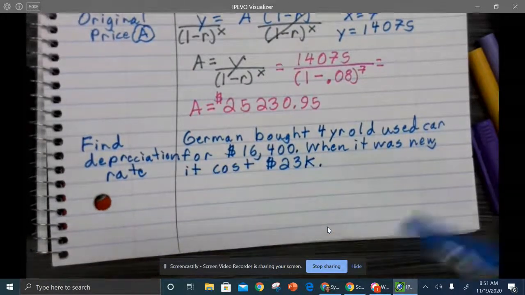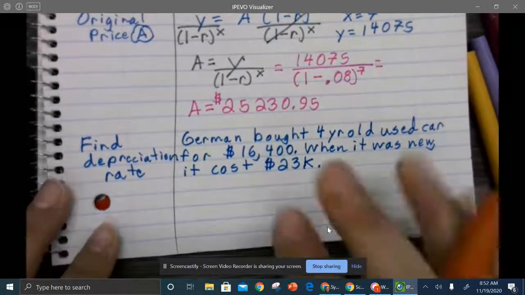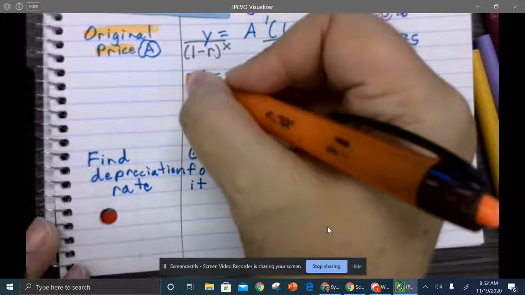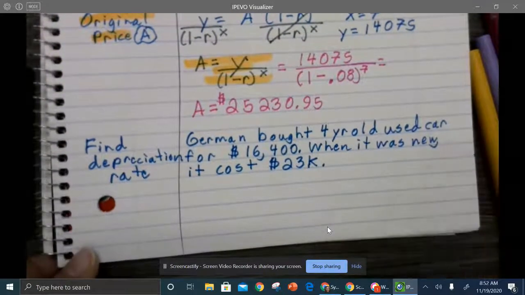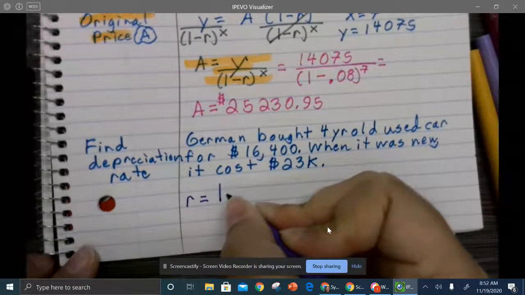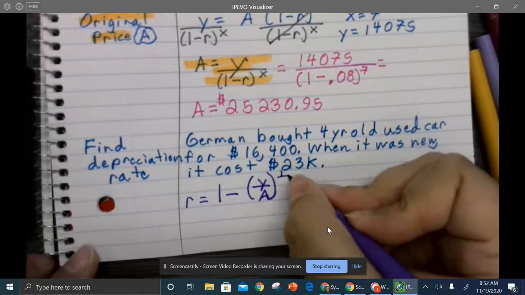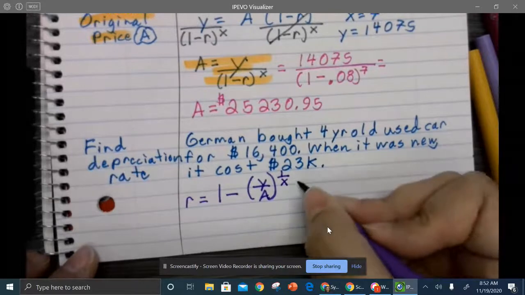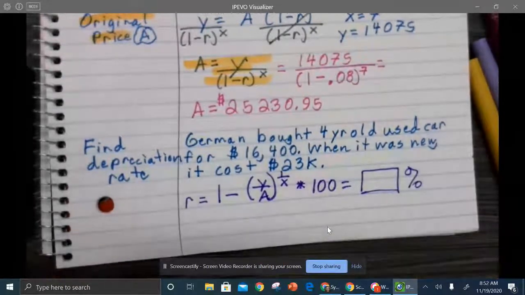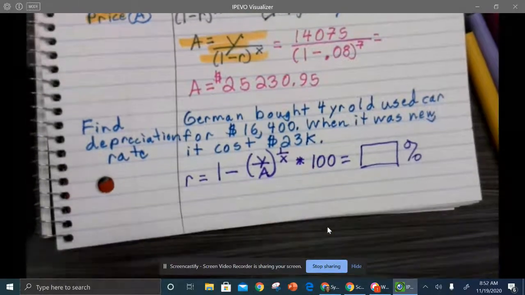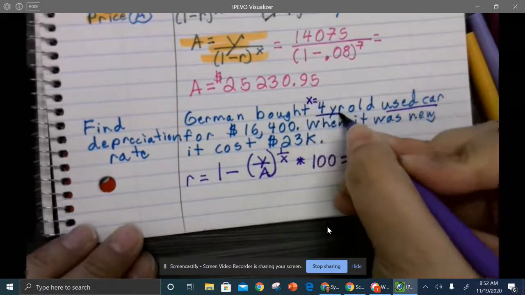So the formula for this, everybody: as you can see, this is the one for original price. For the rate, the rate is equal to 1 minus the used price divided by the new price, raised to the 1 over x, times 100, and that will give us the percent. So let's do our example. Used car, 4 years, so that's going to be our x.